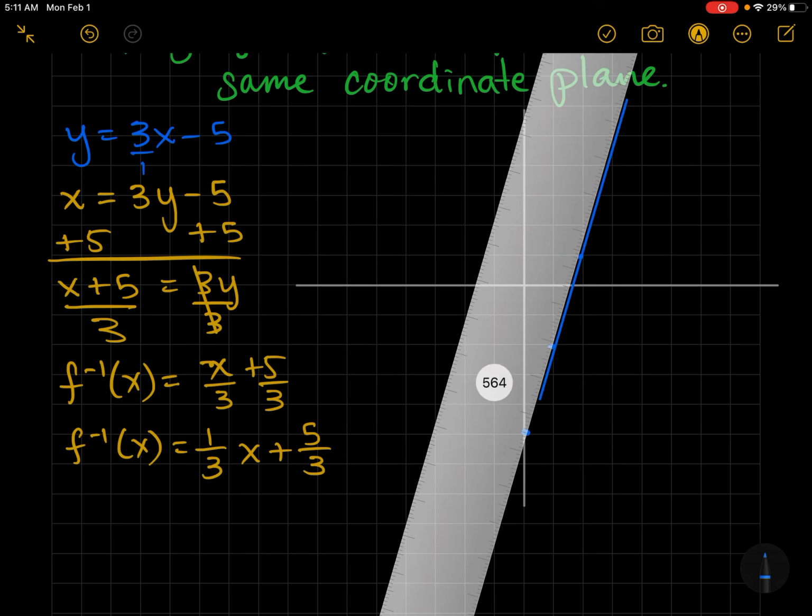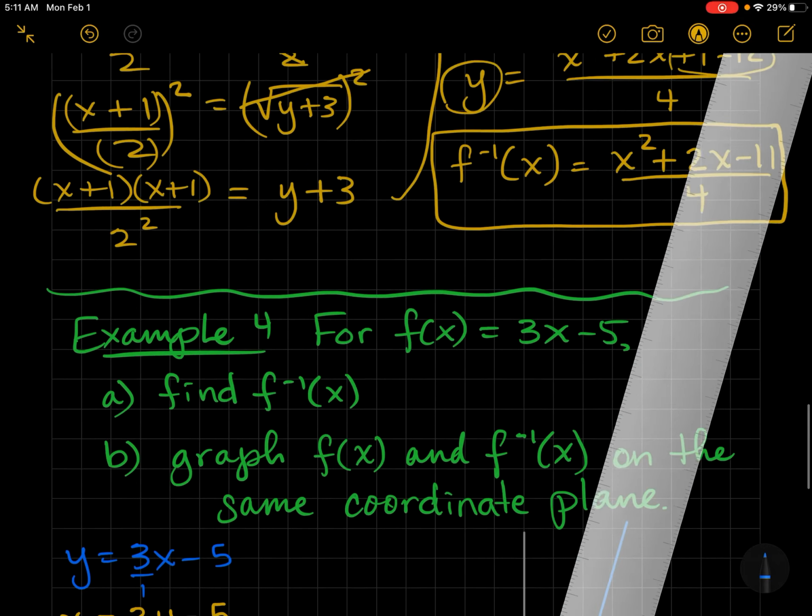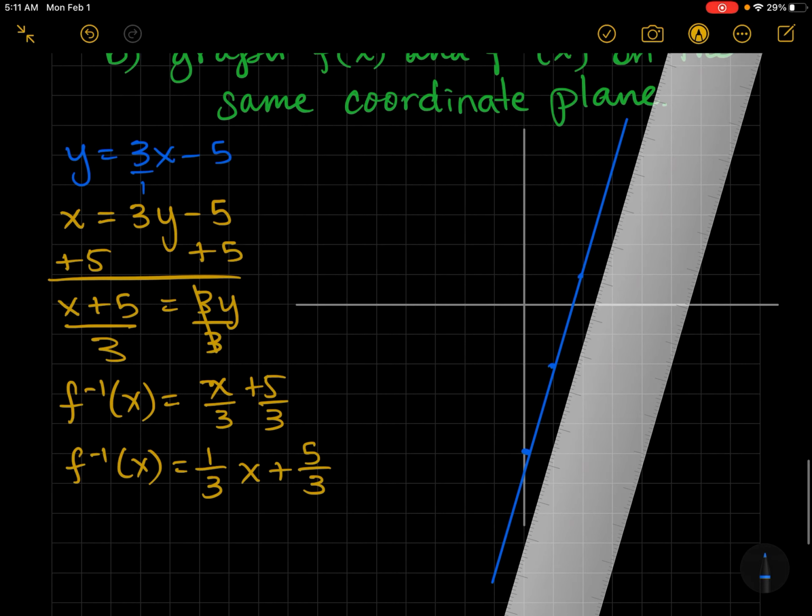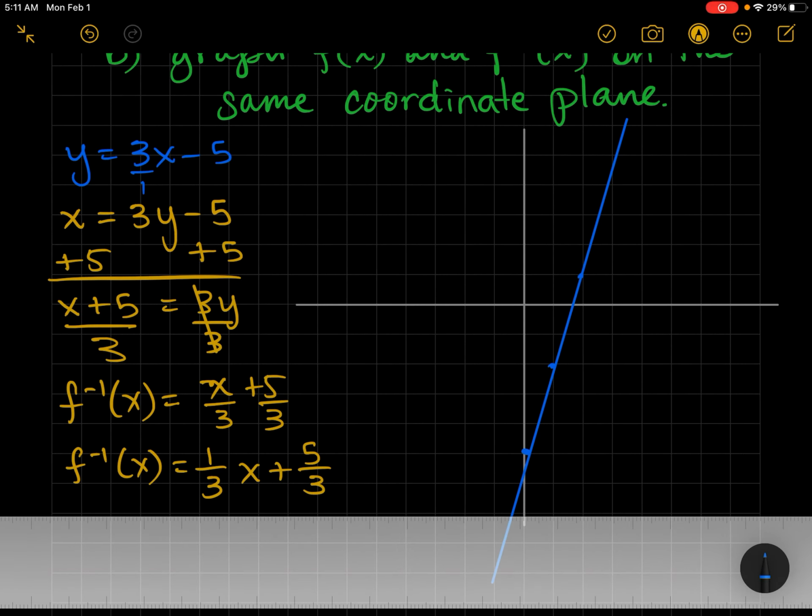So there's f of x. And I'm going to go ahead and label that f of x because that was our original function, and that's what we were told to graph.